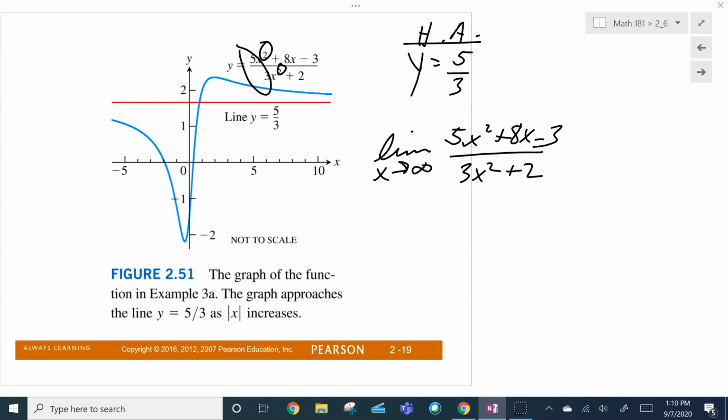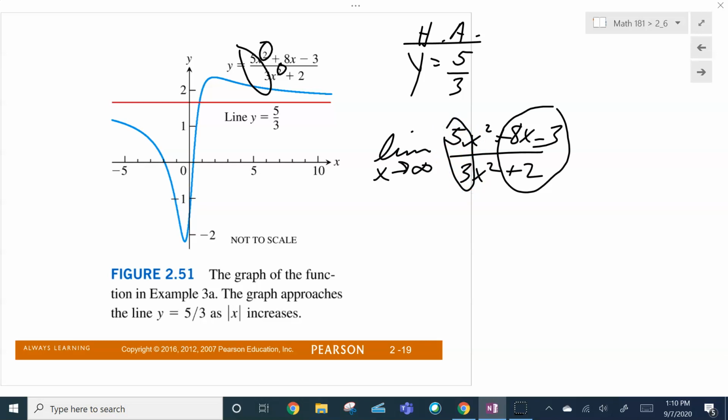As x gets really, really big, like 100 trillion, whatever it is, these right here make essentially no difference at all. And you're left with the 5/3.